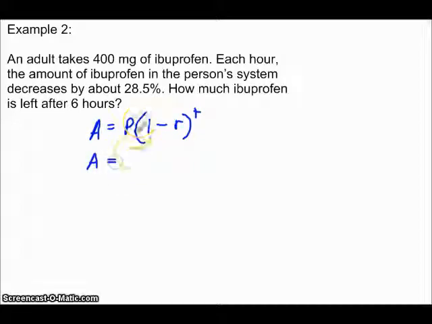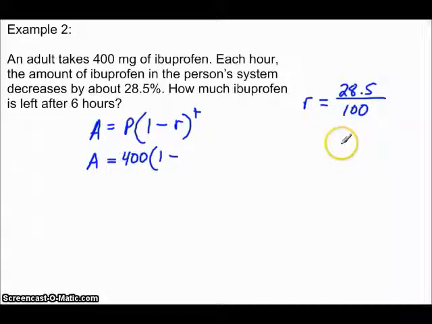Fill in what we know. The starting is 400. It's going to be 1 minus R, and my R, I'm going to do the same thing, 28.5 divided by 100. So you want to put that in the calculator. You should get 0.285. And if you're good, you don't even need to use a calculator for this.